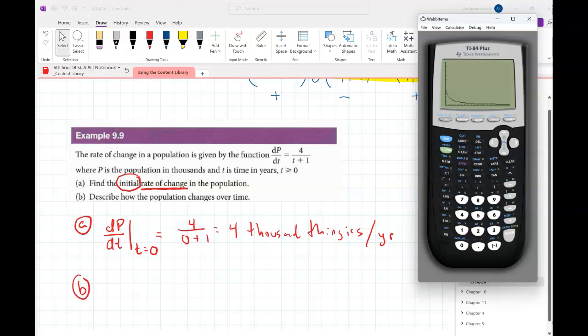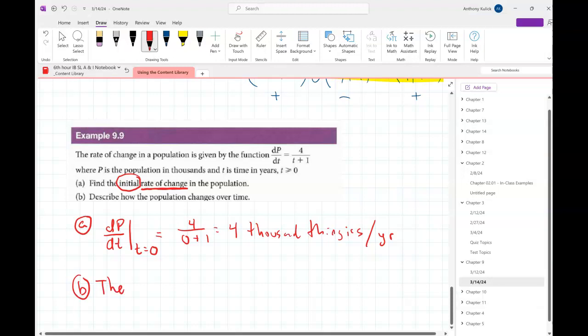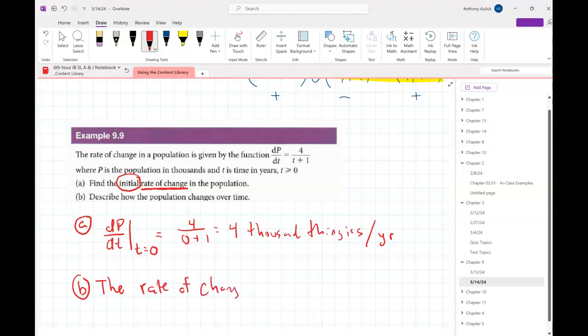So what are we seeing here? How would we describe what's going on? Okay, hold on, it isn't specific enough. We would say the rate of change for the population, then what?